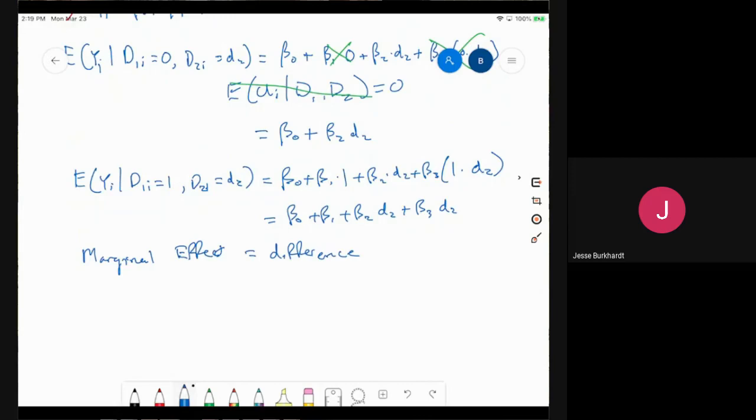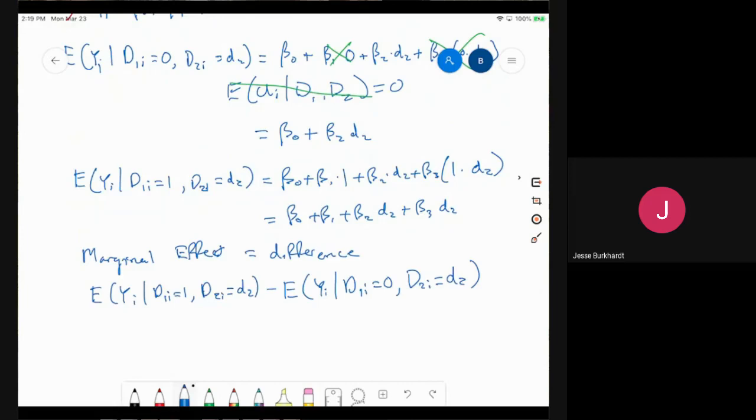All right, let's take the difference. Expected value of yi, conditional on d1i equals 1 and d2i equals d2, minus expected value of yi, conditional on d1i equals 0 and d2i equals d2. What does that equal?